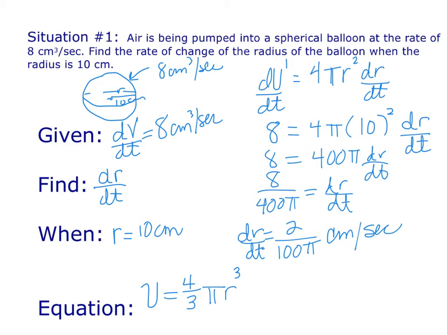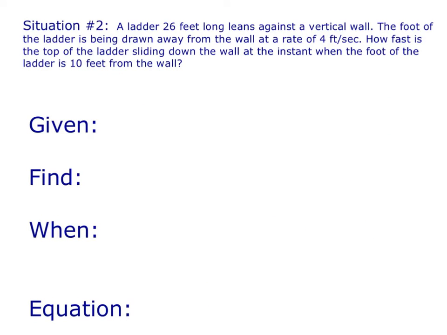A lot to take in. Let's try another one. So this situation is a ladder 26 feet long leaning against a vertical wall. All right, so I have a vertical wall. Here's the floor. And I have a ladder that's 26 feet.